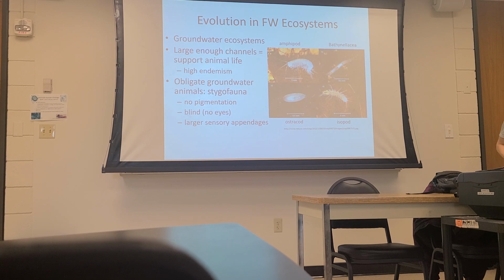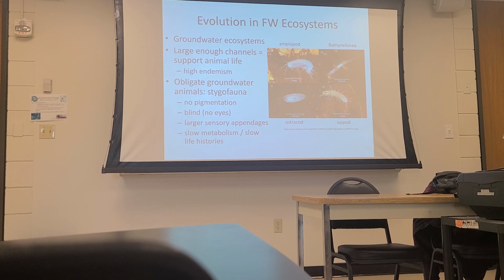And like y'all just said, there's no pigmentation in these, no eyes frequently, and larger sensory appendages. They also might have really slow metabolism and their life moves very slowly.